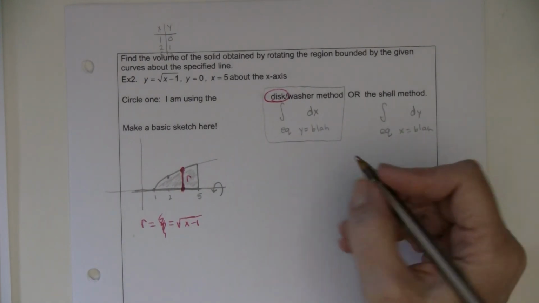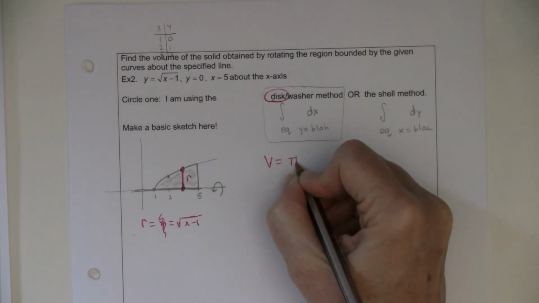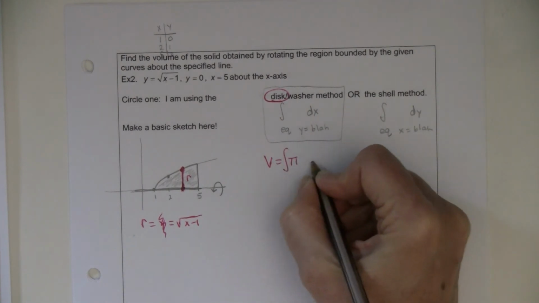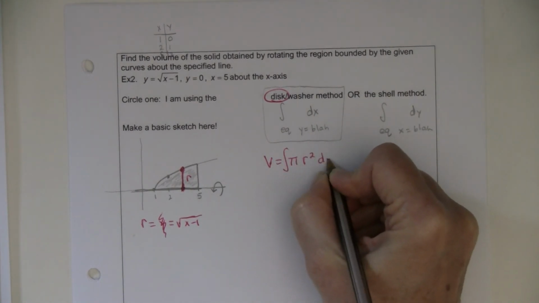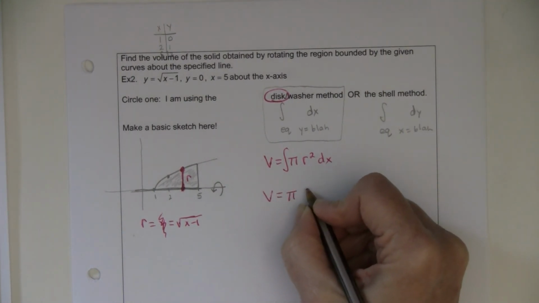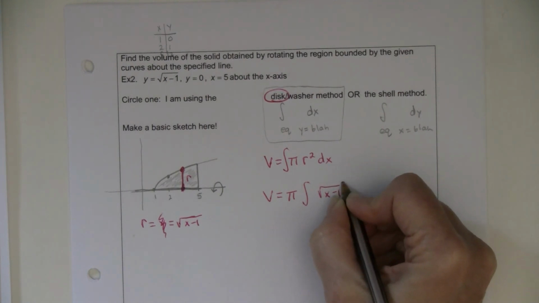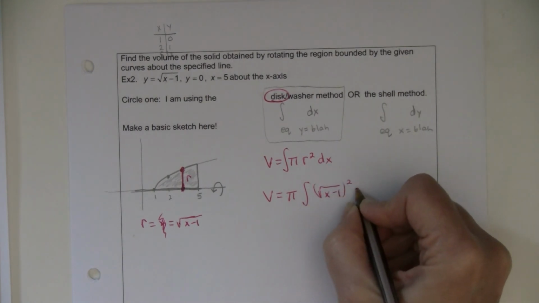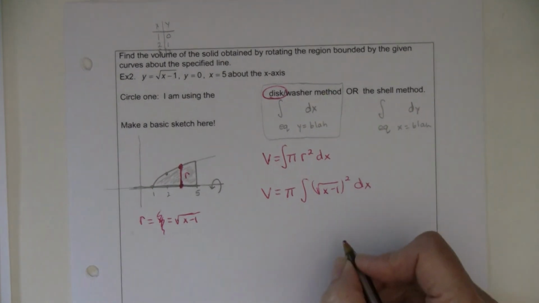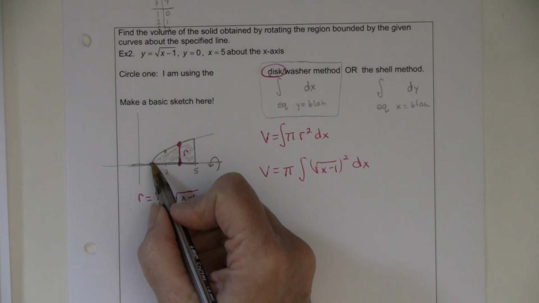Okay, so when we set this up, our volume would equal pi, the integral of pi r squared dx, right? So our volume will equal pi, and then we're going to have our integral, and it's the square root of x minus 1, quantity squared. And our integral is going to go from the very first r we would have.